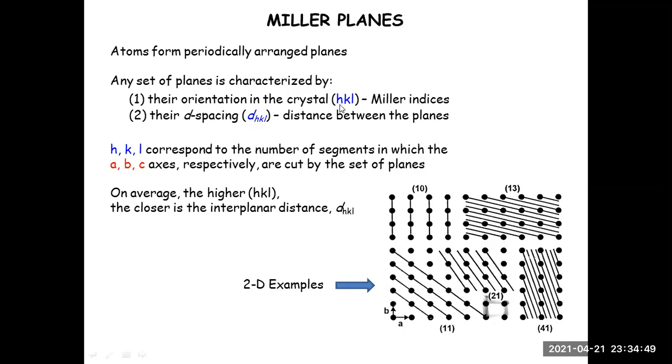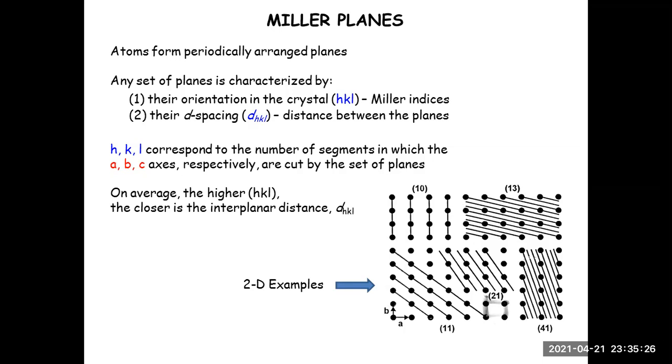Their orientation in the crystal is called the HKL Miller indices. HKL corresponds to the number of segments in which the corresponding crystallographic axis is cut. HKL planes means we deal with three dimensions, so we need to take three sets of planes, denoted by H, K, and L, resembling the three crystallographic axes, that is the x-axis, y-axis, and z-axis.